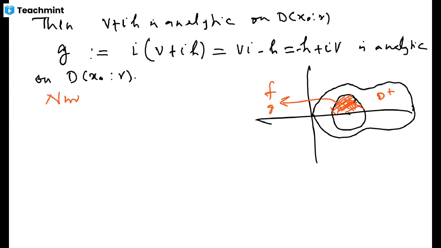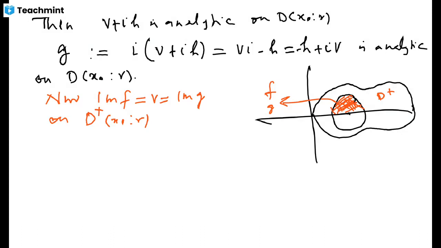Now look at the imaginary part of F. F is u plus iv, imaginary part of F is V, which is equal to V, the imaginary part of G on this plus part of this disk. And you see this upper semicircular region of this disk is an open set, a domain indeed.